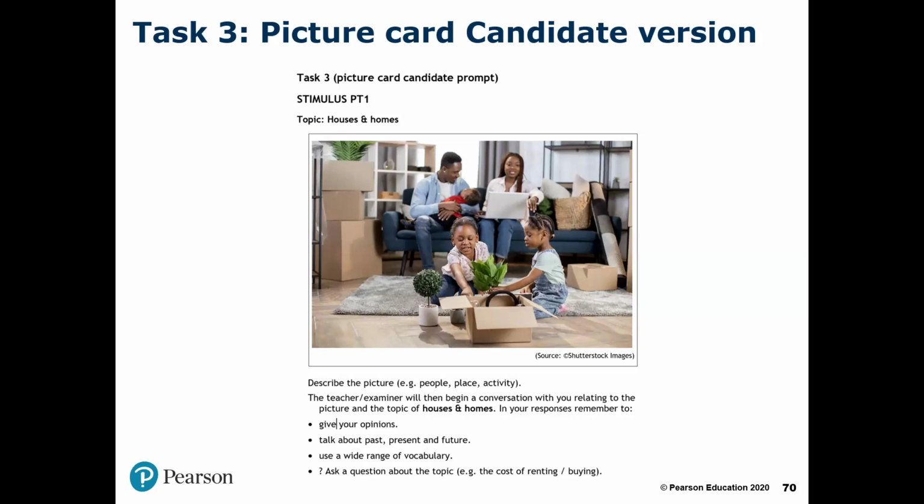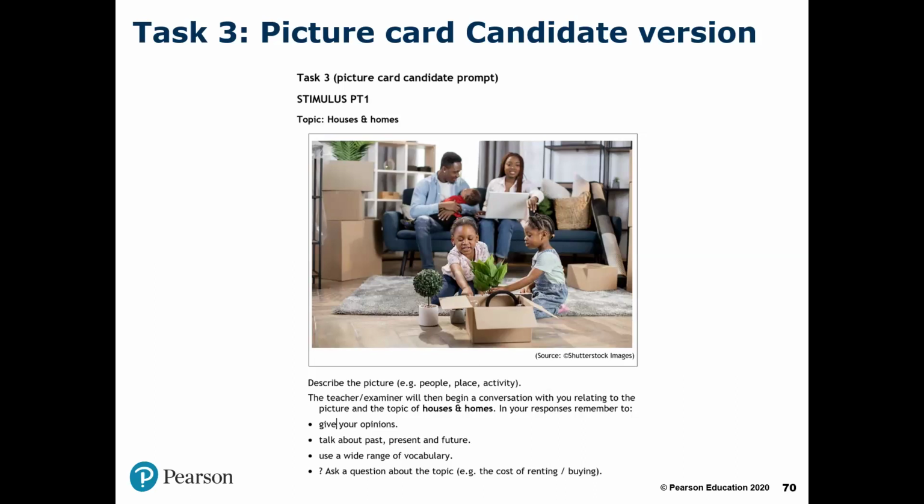Maybe they're a married couple, but there are 3 children. There is 1 baby who is sitting on the father's lap, and there are 2 little girls who are at the front of the picture. Maybe they're twins, and they're able to speculate. So we talk about the people, the family, and we talk about the place.